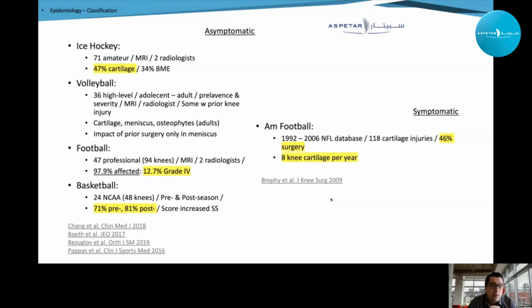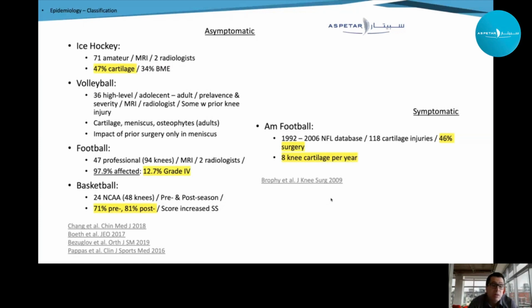In this publication from Bezuglov in 2019, last year, in football, they presented MRIs from pre-season examination in the Russian league, and in 19 knees they found the prevalence of cartilage defects was up to 98%, and 13% of them were grade 4, which is a very high number.